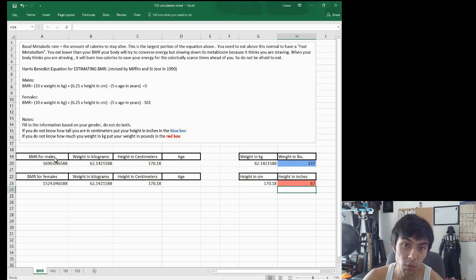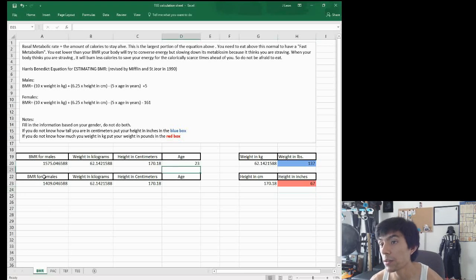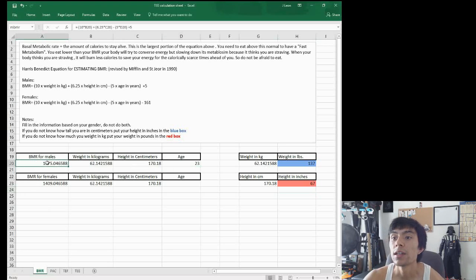We're only going to be doing one. I'm going to be doing the male equation, obviously, and if you're a girl or female, do the female equation. All we have left to do is plug in our age. So I'm 23 years of age, so my BMR estimated is going to be 1,575 calories just for watching Netflix, not doing anything else.